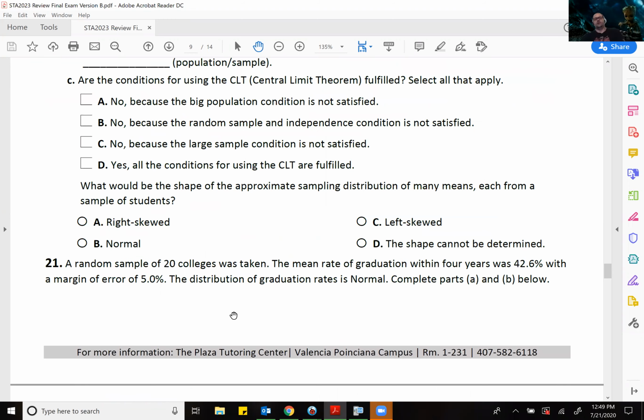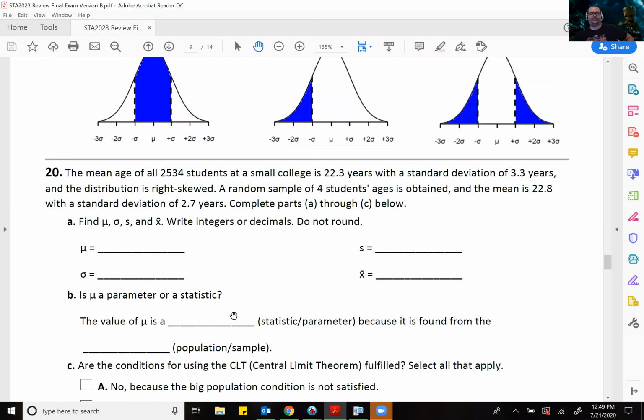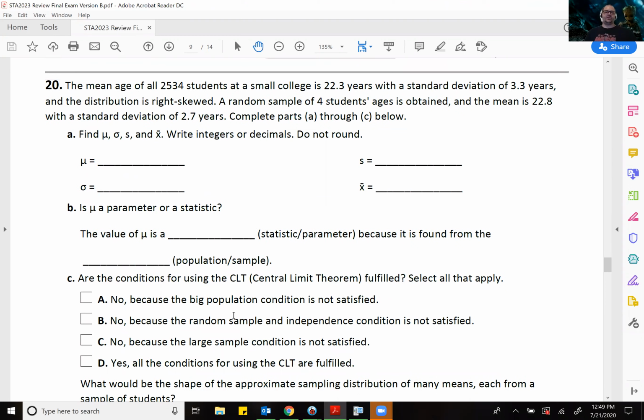All right, it says the mean age of all 2,534 students at a small college is 22.3 years with a standard deviation of 3.3 years, and the distribution is right skewed. A random sample of 4 students' ages is obtained, and the mean is 22.8 with a standard deviation of 2.7 years.